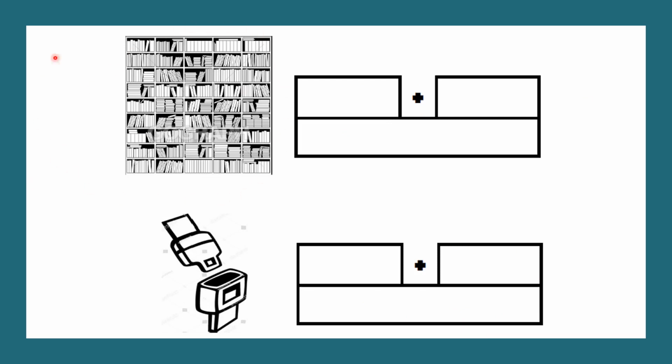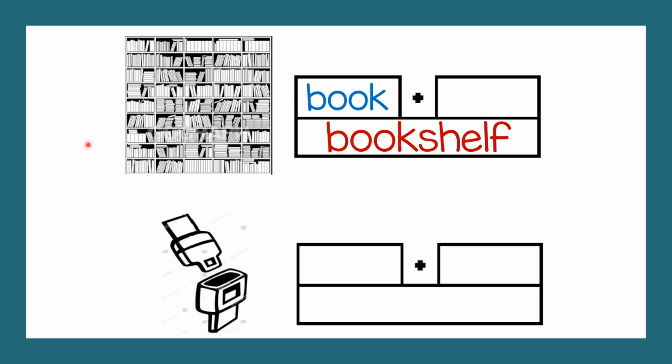This one, what is this? You find this in the library. This is a bookshelf. And the nouns that make up bookshelf are book and shelf. Another tick if you got that correct.